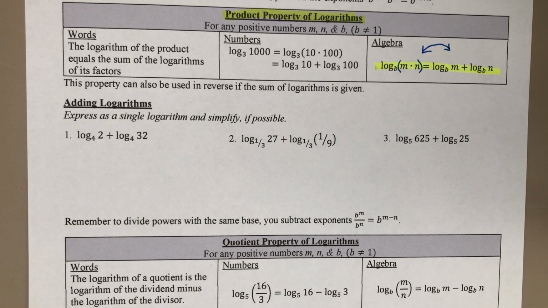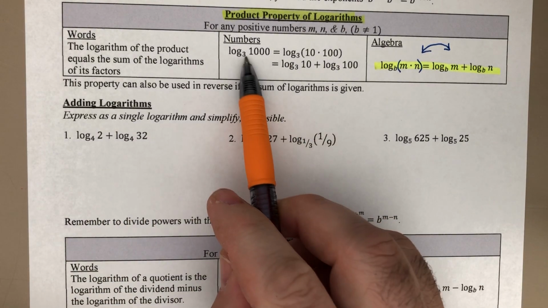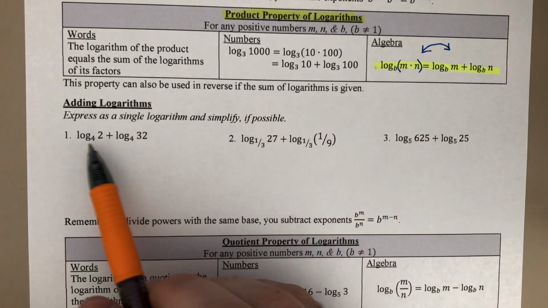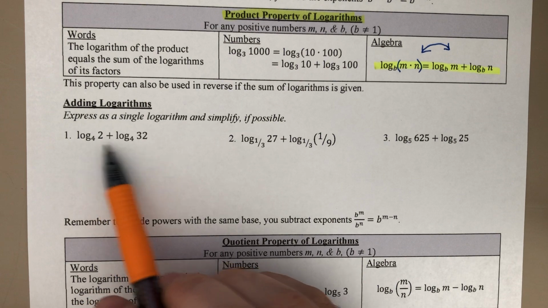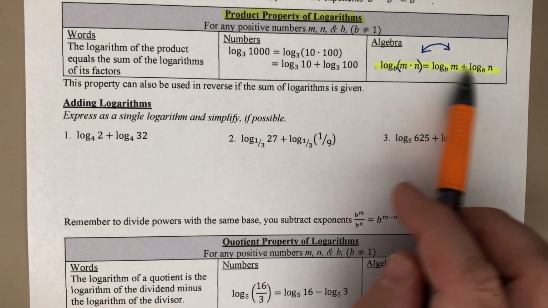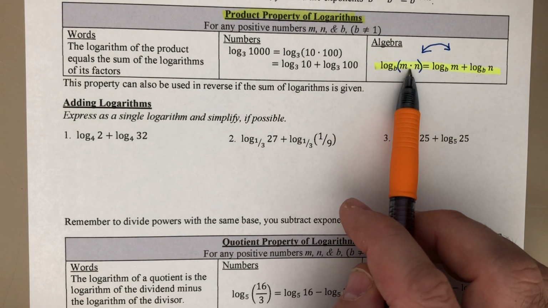I've got log base 4 of 2 plus log base 4 of 32. Because the base is the same, and that's the key, guys, same base, because it's both base 4, and I'm adding these same bases, what our rule says is I can just take one logarithm of their product.